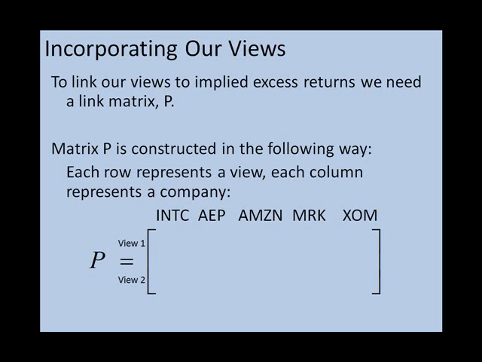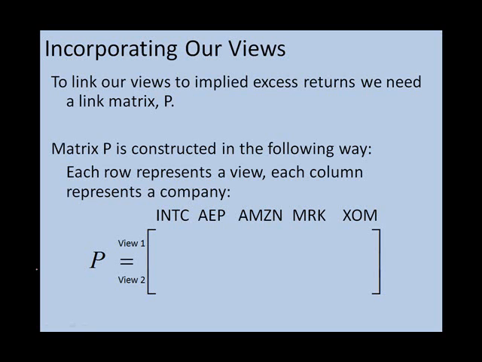Each row of the matrix represents a view, and each column represents a company. Now in this case we have 2 views and 5 companies. So we're going to have a 2 by 5 matrix. The question is, how do we fill in this matrix?